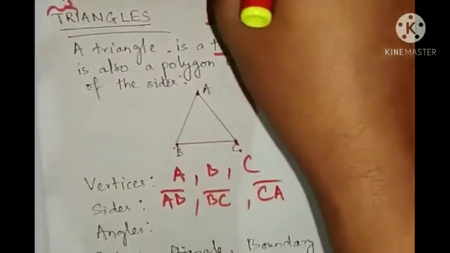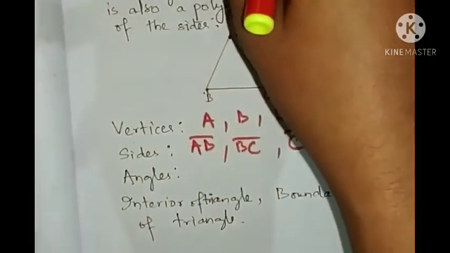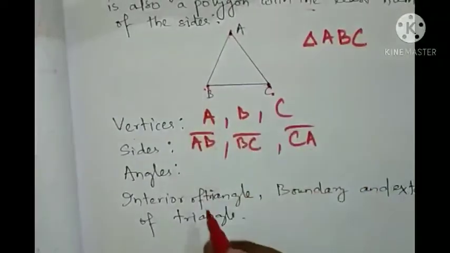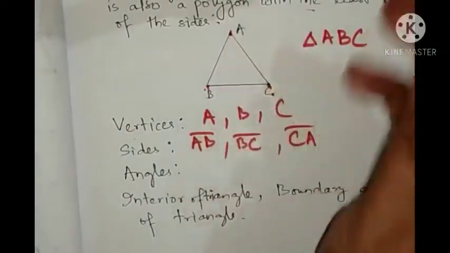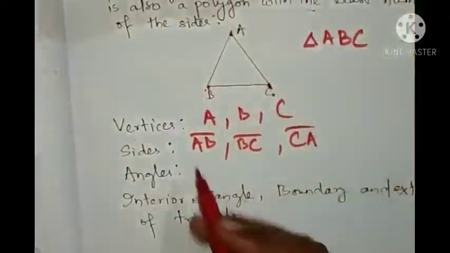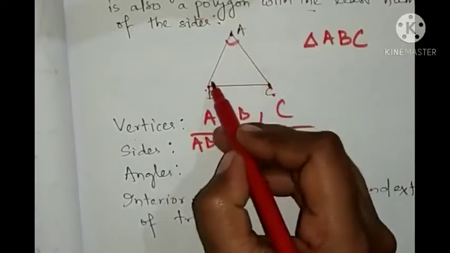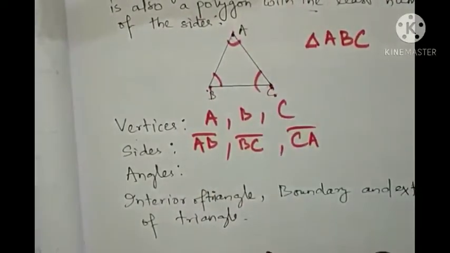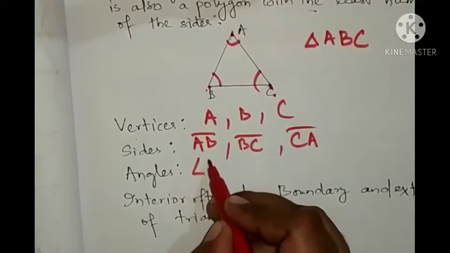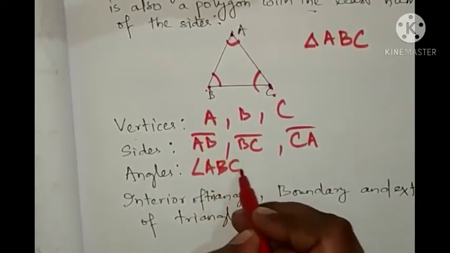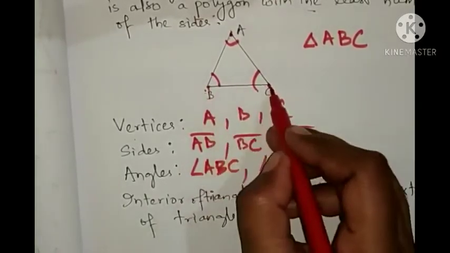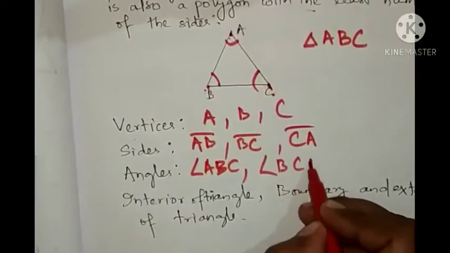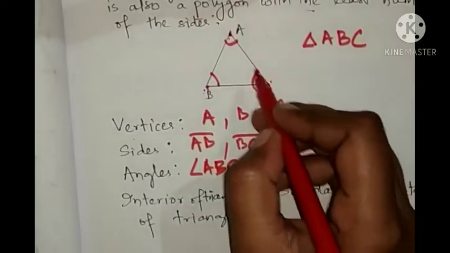Let's see about angles. How many angles are there in this triangle? 1, 2, 3. Three angles are there: angle ABC, angle BCA, angle CAB.